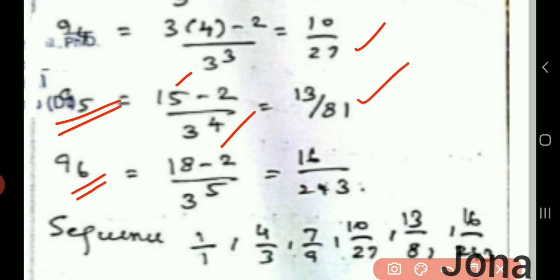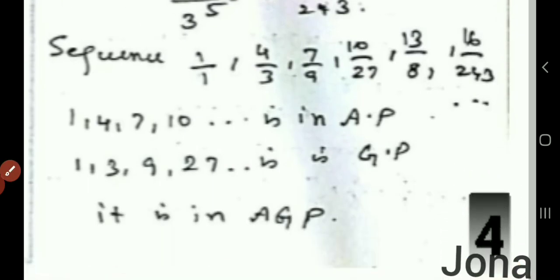And then for n equal to 6, that is 18 minus 2 divided by 3 power 5, which is equal to 16 by 243. So the sequence is 1, 4/3, 7/9, 10/27, 13/81, 16/243. Now we want to classify the sequence as AP or GP.